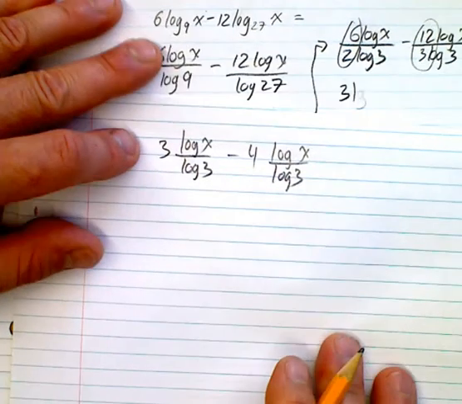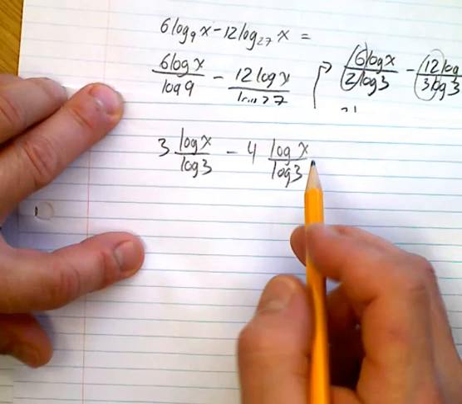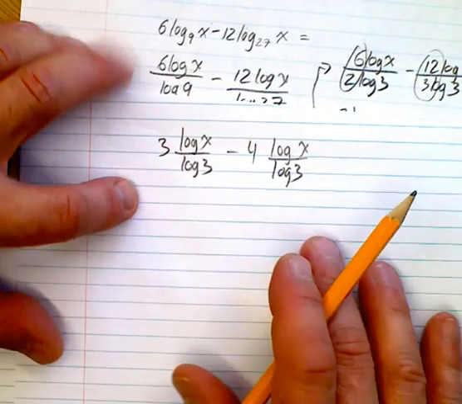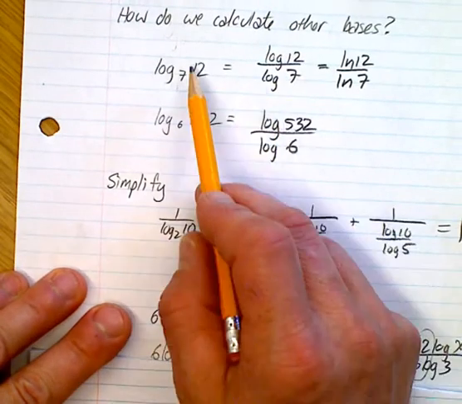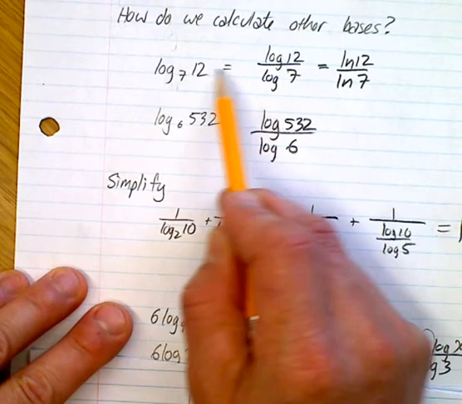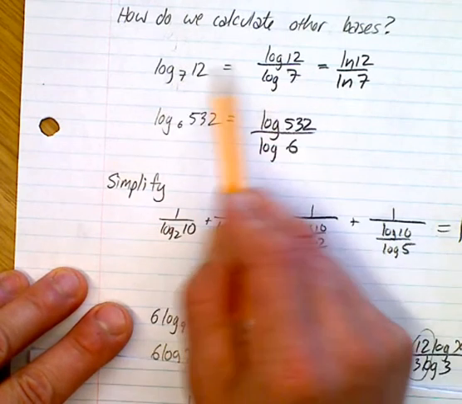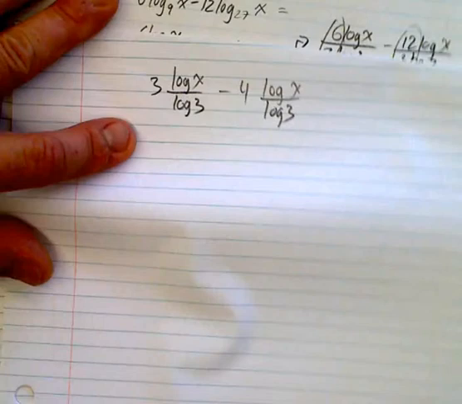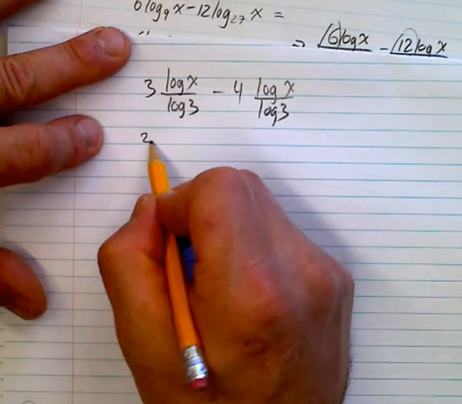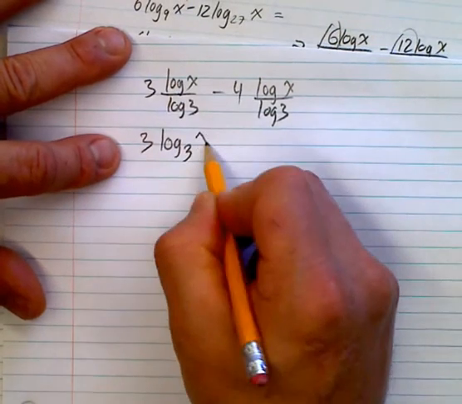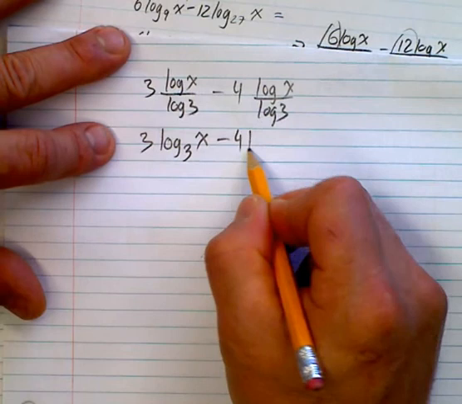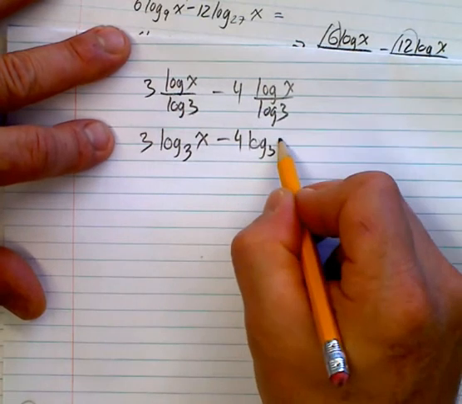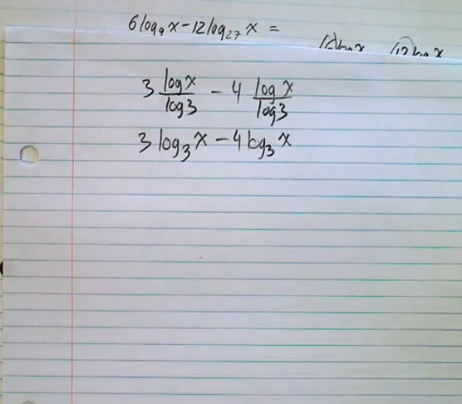Now don't forget the change of base thing here: if I'm here, I can get to this. Well, can't I go from here to here as well, where the bottom one becomes the base and the top one goes up there? So the bottom one becomes the base, so it's log base 3, minus 4 log base 3 of x, and we're almost there, right?